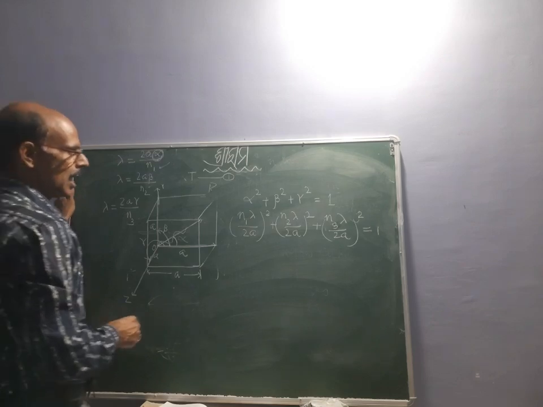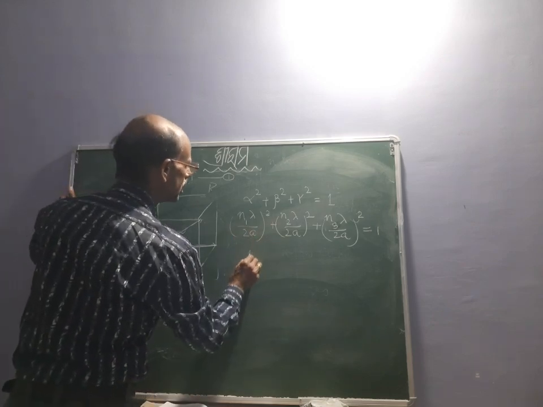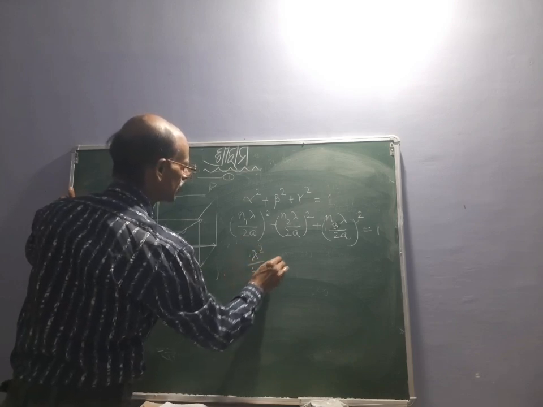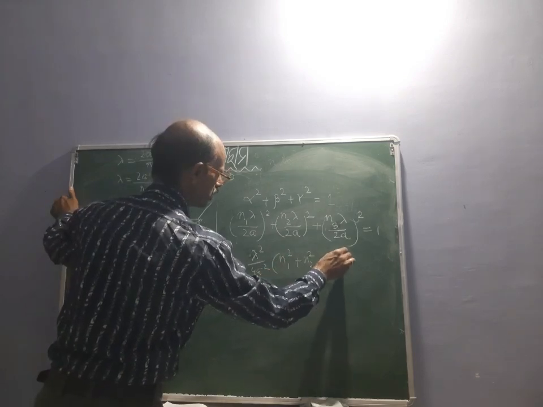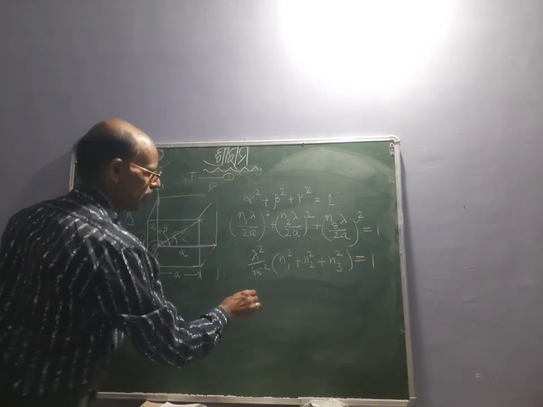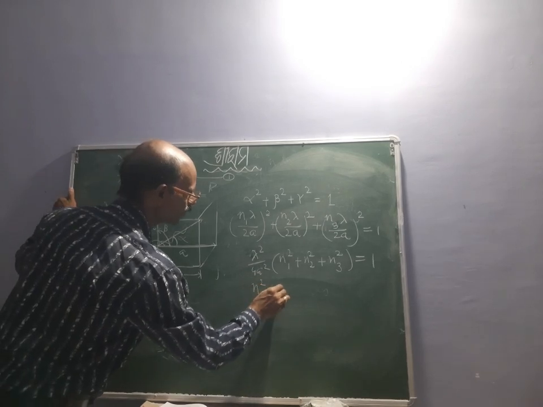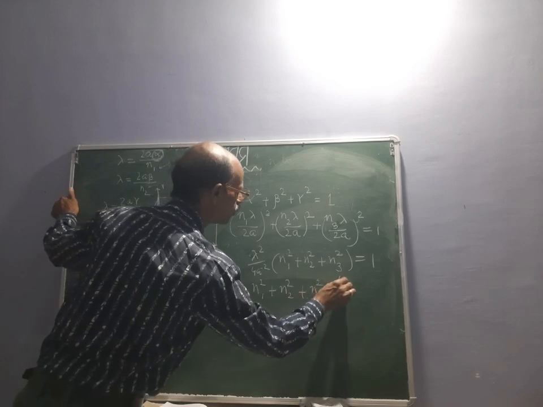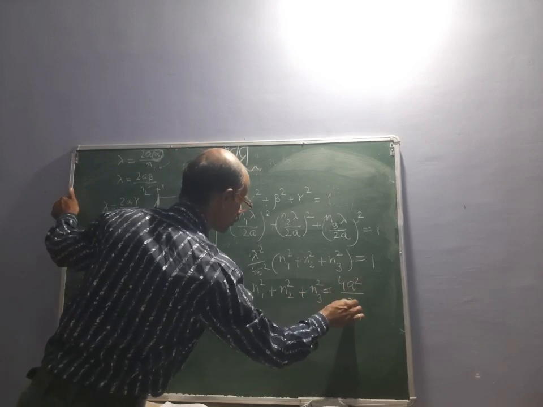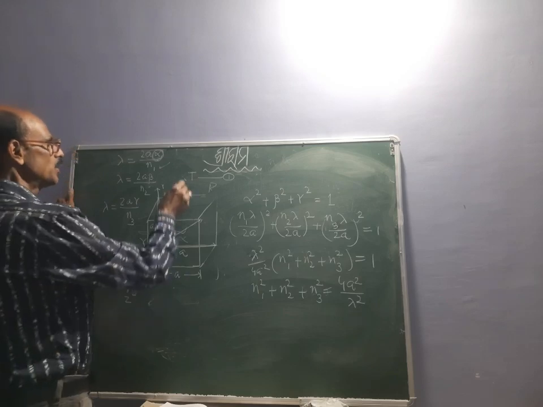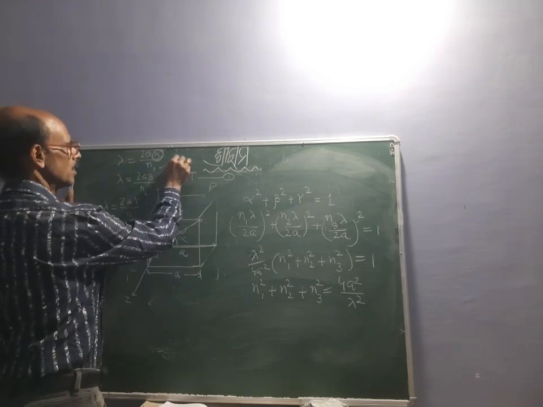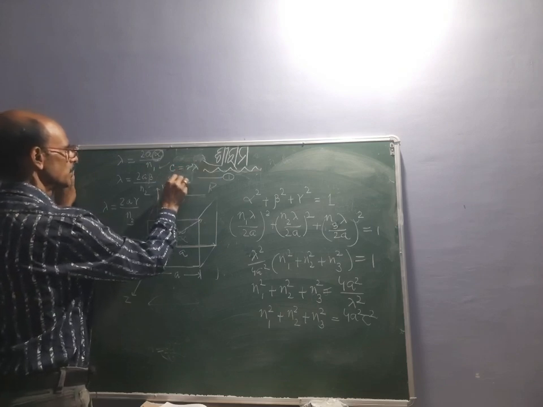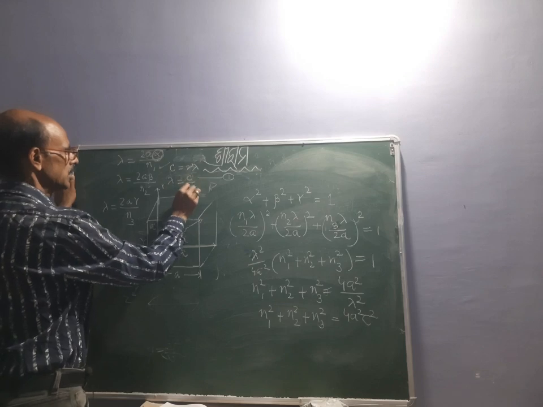Right? If we take common lambda square by 4A square within the bracket is equal to 1, or n1 square plus n2 square plus n3 square is equal to 4A square by lambda square. But we know that there is a relation c is equal to nu lambda, then lambda is equal to c by nu.